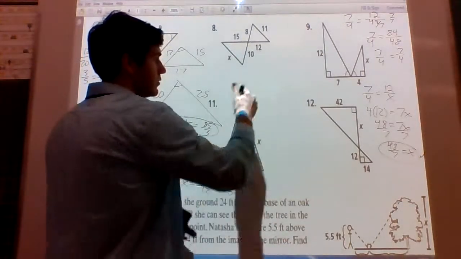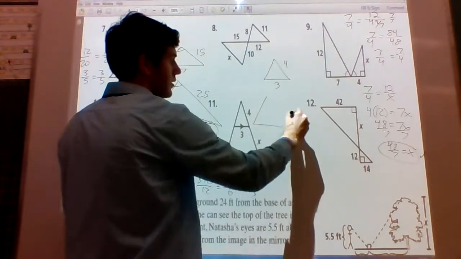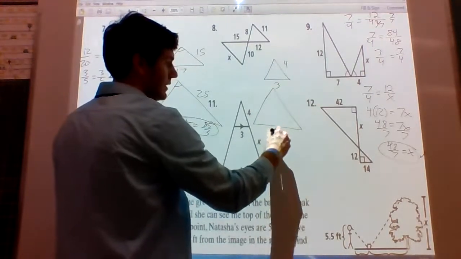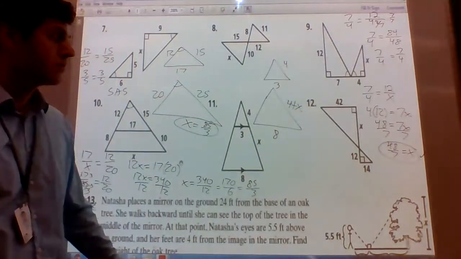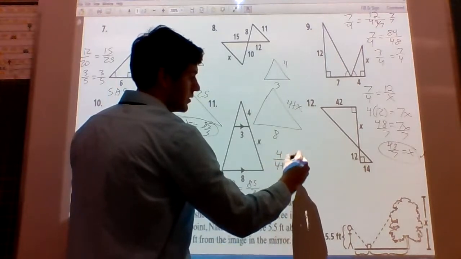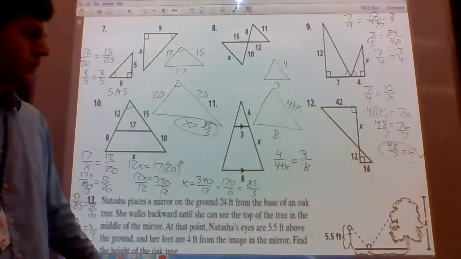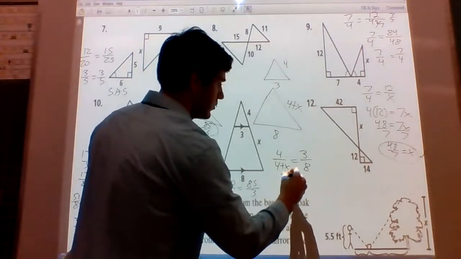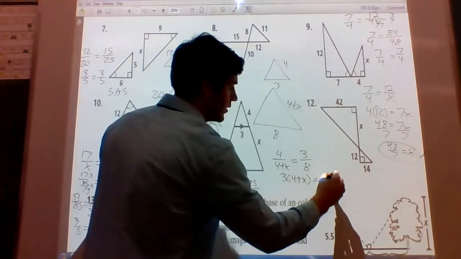If we draw the triangles out, this is 4, this is 3. The large one, this is 8. This is 4 plus x. So 4 is to 4 plus x as 3 is to 8. Cross multiply, 3 times 4 plus x equals 8 times 4.